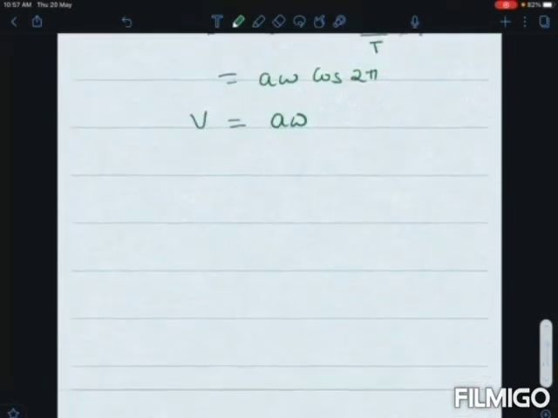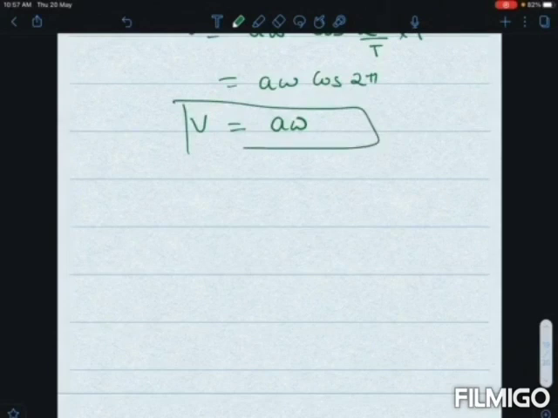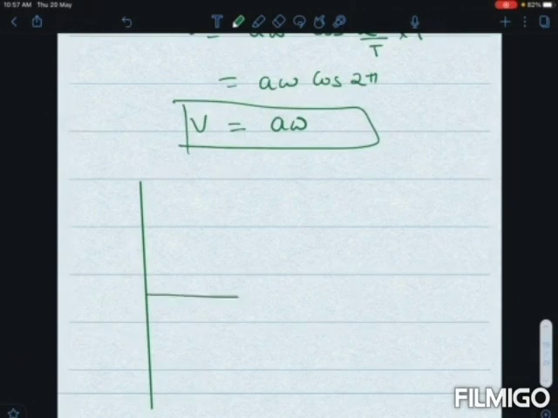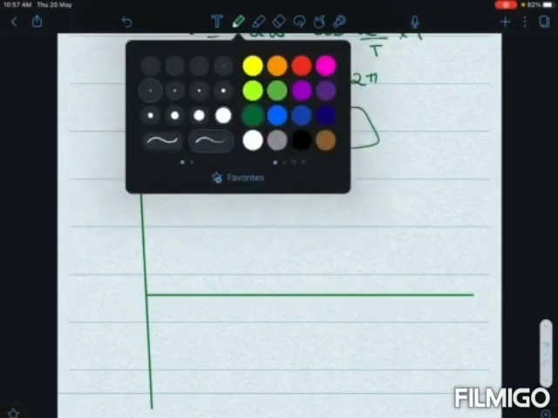Now let's draw the graph. This is the case 5. So let's give some marking.